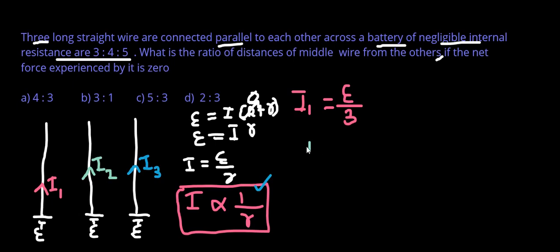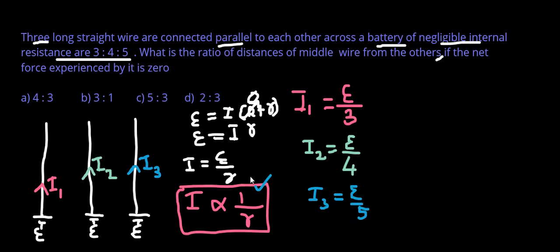For the second wire, the current is psi by 4. And finally the current flowing through the third wire is psi by 5, as per the question. So we have found these three values first of all.